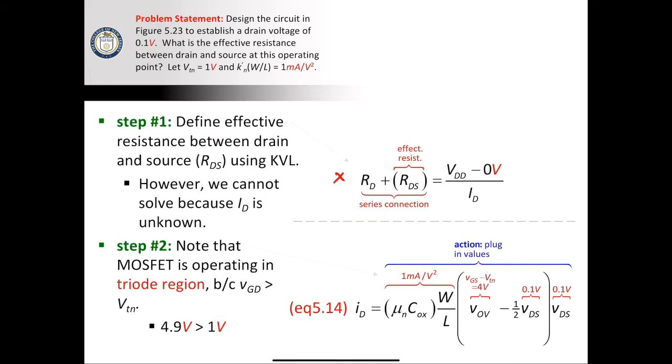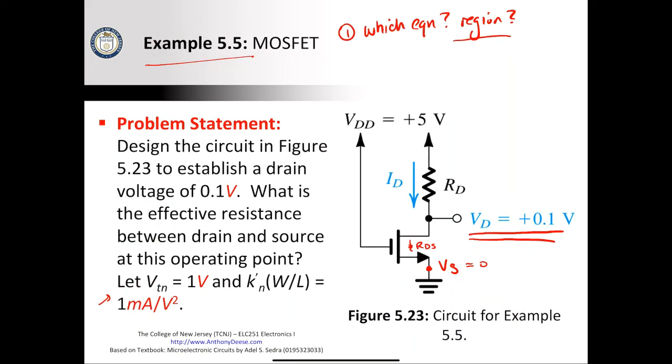The good news is we do know what region of operation it is in. So the MOSFET is operating in the triode region because VGD is greater than VTN. This is just another version of the equation VDS is greater than VOV. We can do it the traditional way if you want.